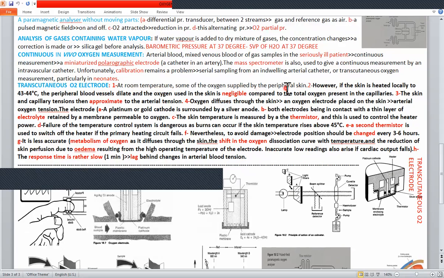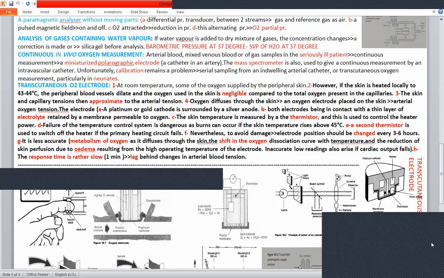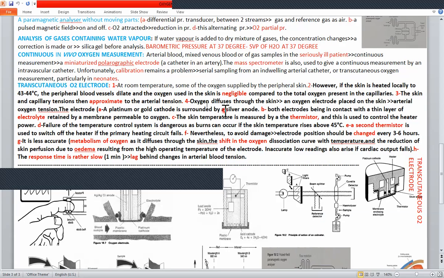So, to overcome these fallacies, we cause a vasodilatation of this vessel, so that the oxygen taken by the tissue will be negligible and will not affect the final result, so that the oxygen present in the peripheral capillary will resemble that present in the nearby arterial sample.